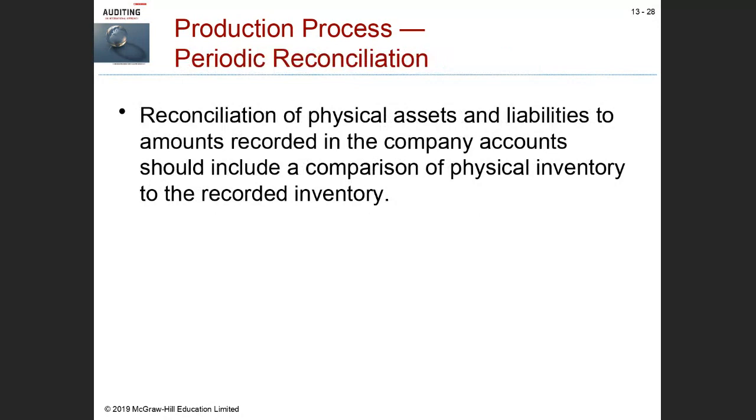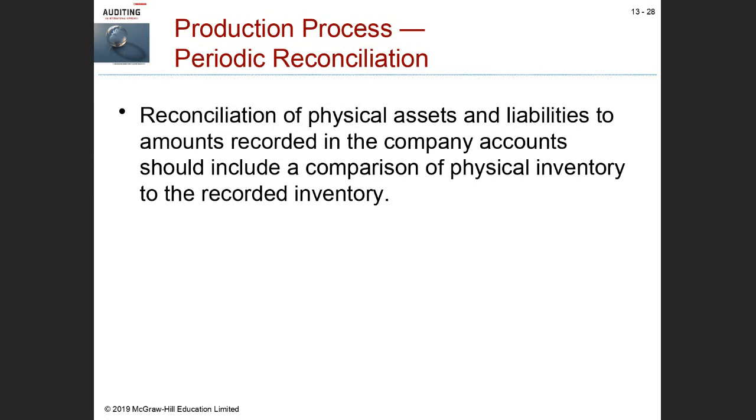Periodic reconciliation. Of course, when we account for our costs, we have to, on occasion, and we've discussed this briefly back in the purchase payable payment cycle, we perform periodic reconciliations. So the idea here is simply, as we're accumulating costs, we should be producing inventory, right?